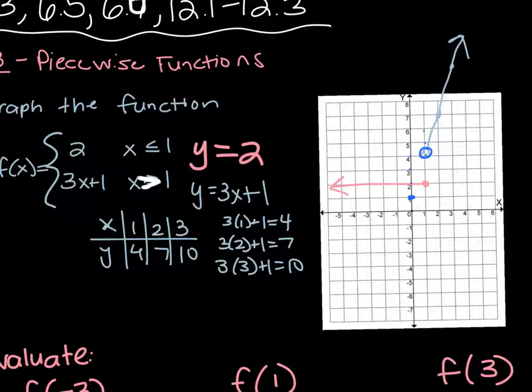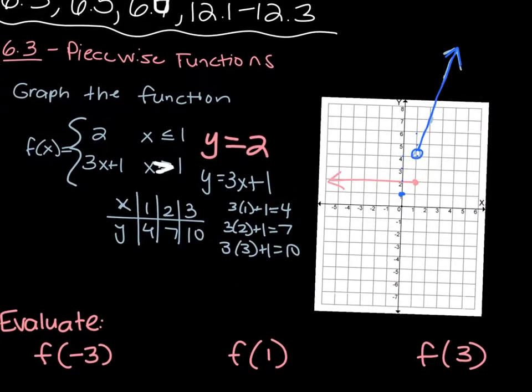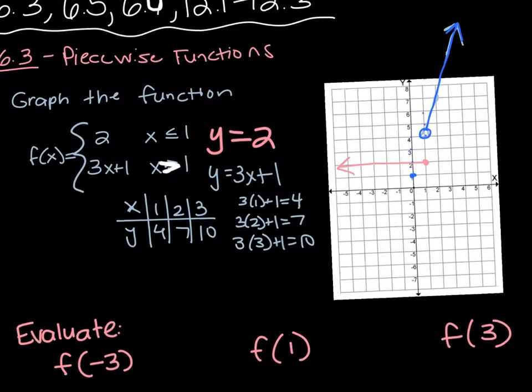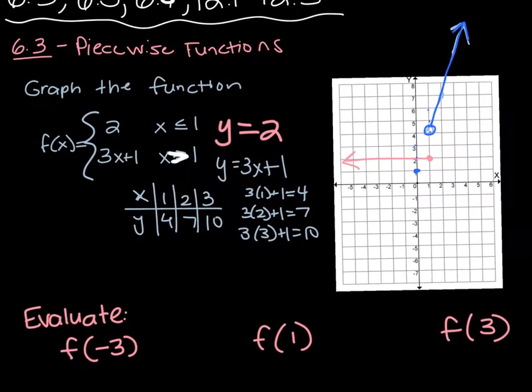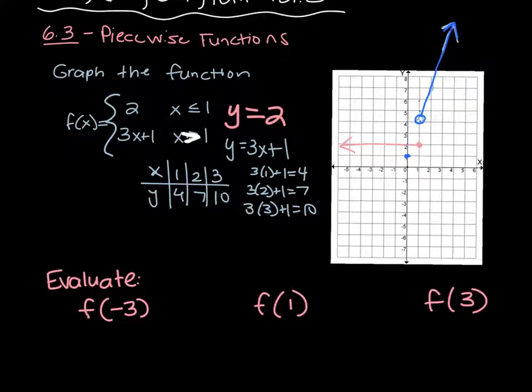Again, this is an open dot because it doesn't include it, and it would continue in that direction. Questions on that one? You are going to have to graph piecewise functions, okay? They're not bad, but you do have to graph them.